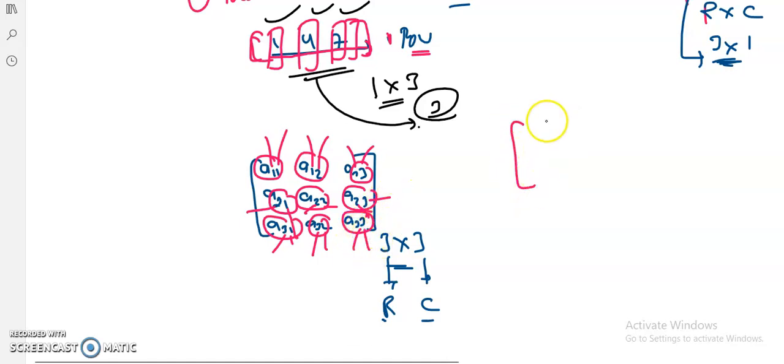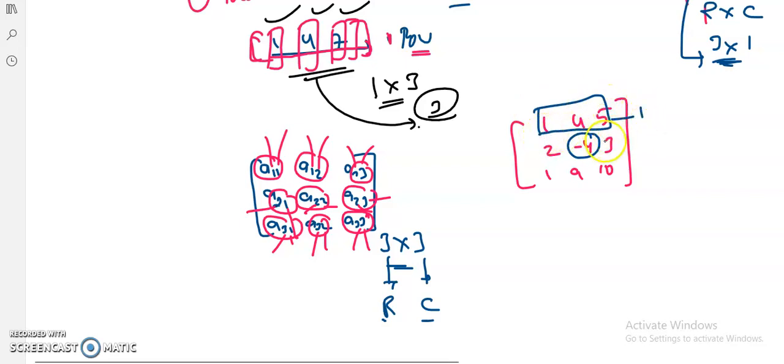So for example, if I give a matrix like this: 1 4 5, 2 minus 4 3, and 1 9 10, right? If I ask you what is the position of this minus 4, generally we can find out it is the first row, the second row, and the third row.